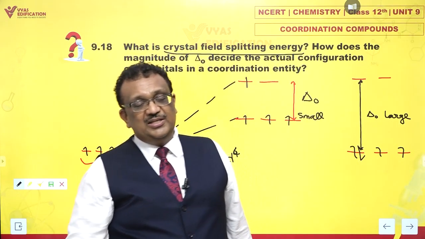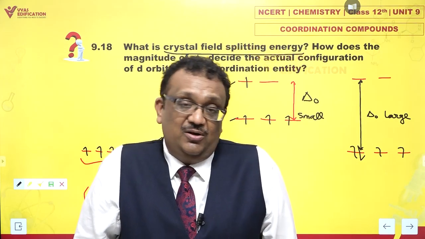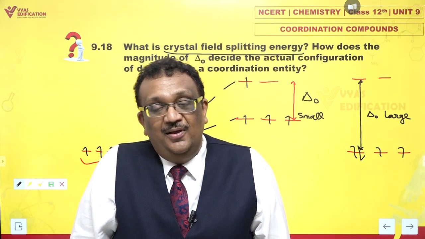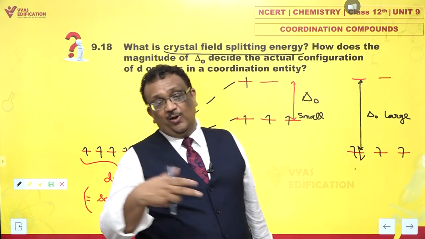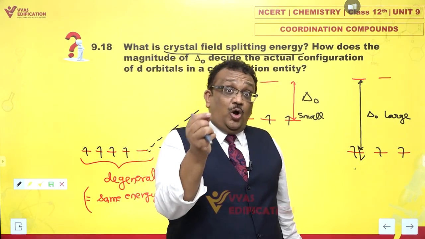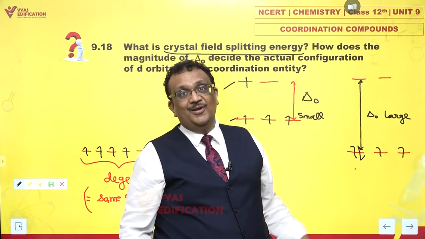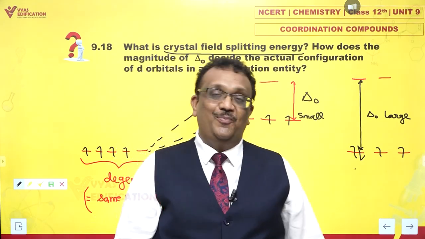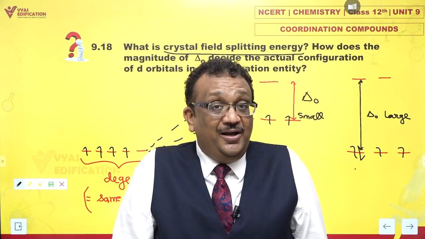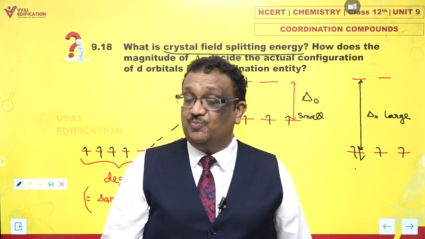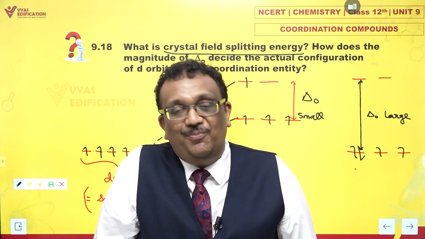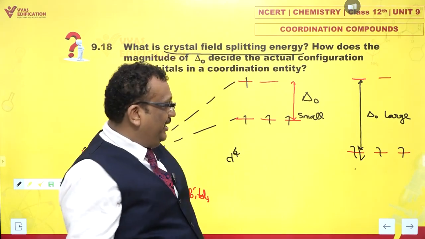Why does it not always pair up? See, pairing is costly. For the very simple reason, if an electron has to enter an orbital which already contains one electron, there is bound to be electrostatic repulsion. And against this repulsion, I have to thrust this electron, which means I have to spend some extra energy. And that is called the pairing energy.